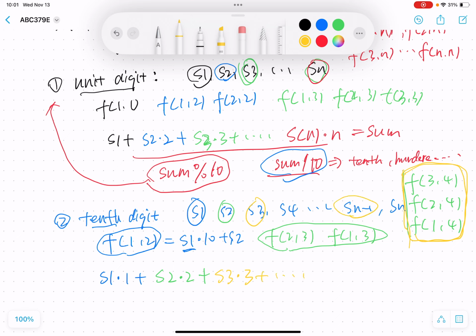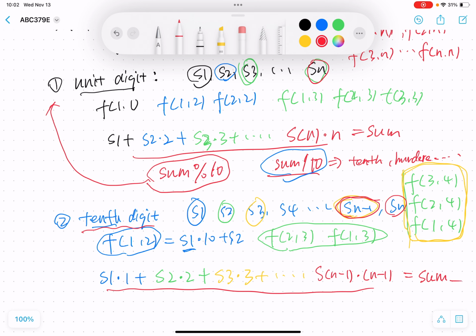For Sn minus 1, we will know for functions f(1, n), f(2, n), f(3, n), f(4, n), we also use Sn minus 1 another time. So we will use Sn minus 1 n minus 1 times. So Sn minus 1 multiply n minus 1. For the last element, for every function we cannot add Sn to the tens digit of the answer. So we can make it as sum 2.